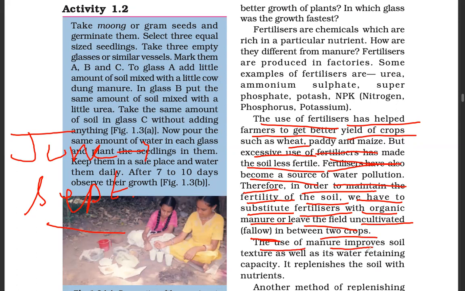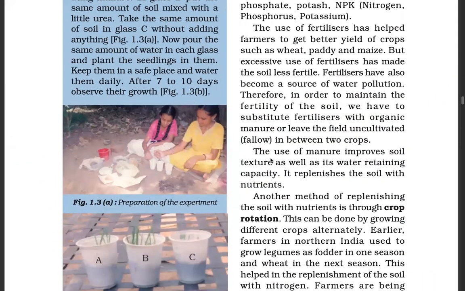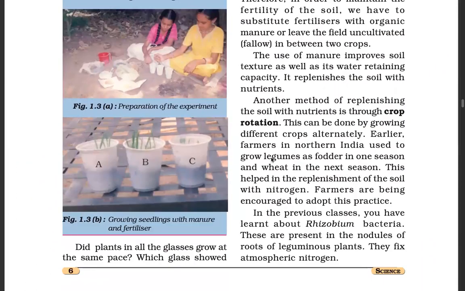The use of manure improves soil texture as well as its water retaining capacity. It replenishes the soil with nutrients. Guys, one important question: what is manure, what is fertilizer, their examples, and what are the features or characteristics of manure and the difference between manure and fertilizers.